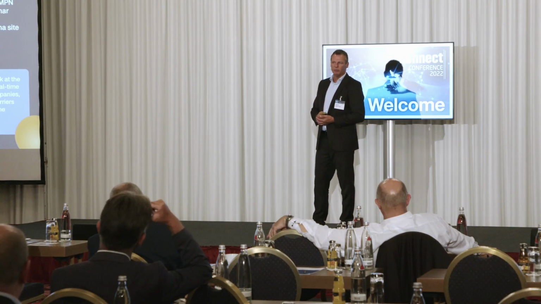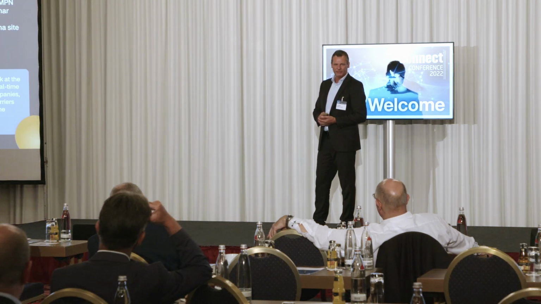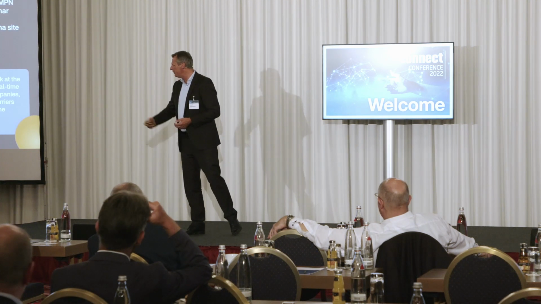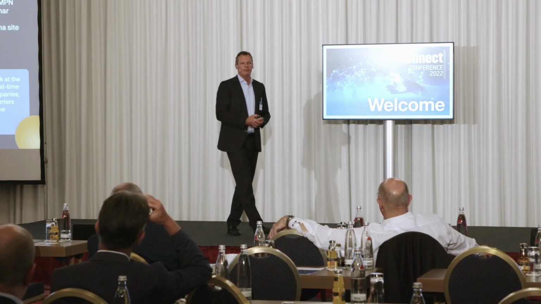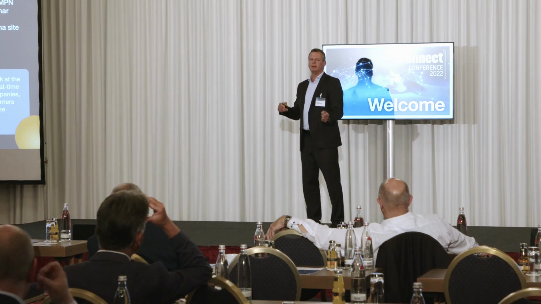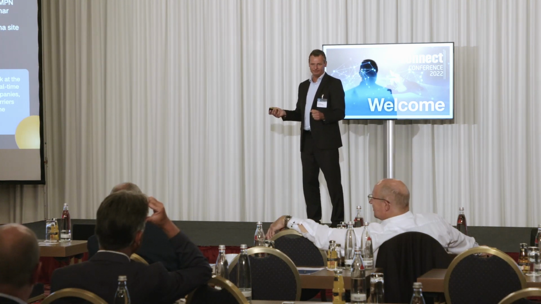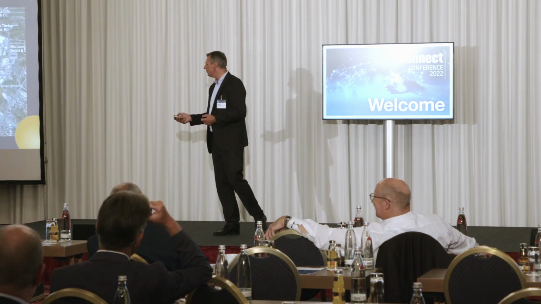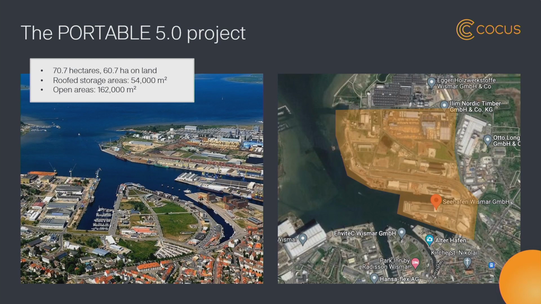The one is remote operated ship loaders. So there will be no longer any person sitting on top of the cranes or the ship loaders. The person will sit in the office, have 2 joysticks, 4 monitors, and they remotely control the ship loaders. Second thing is remote controlled operation of trucks.